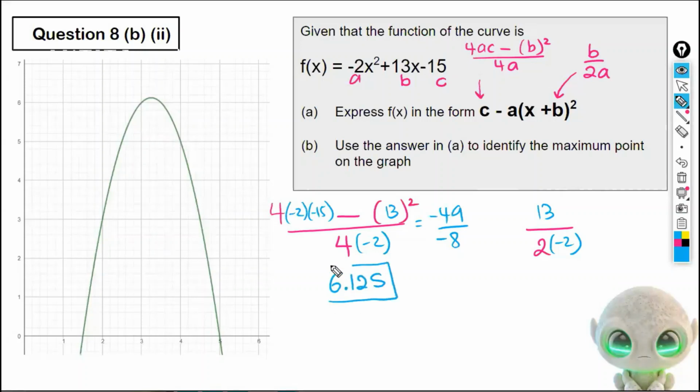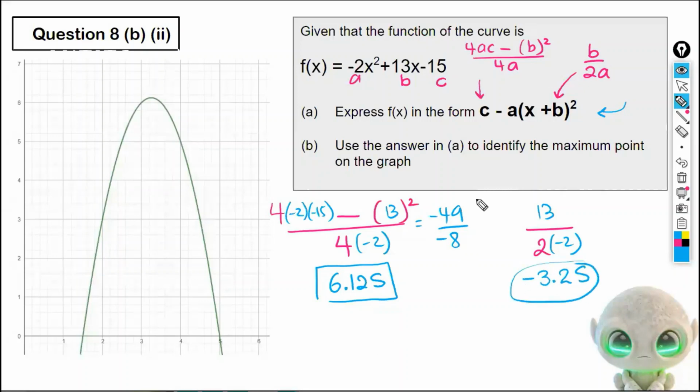Do not round it off, right? Especially in this particular topic. If you get recurring decimals, do not round it off. Put the fraction in place of it. For this one here, it's 13 divided by 4 minus, which is minus 3.25.